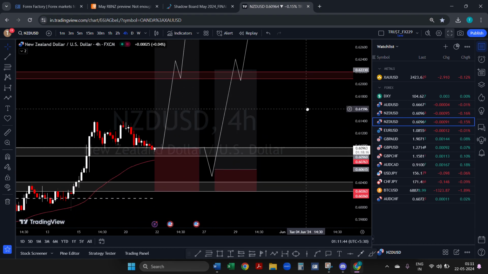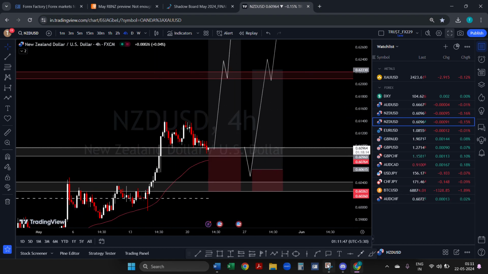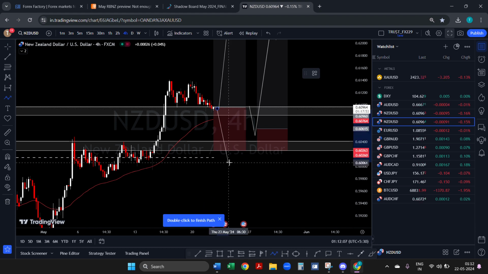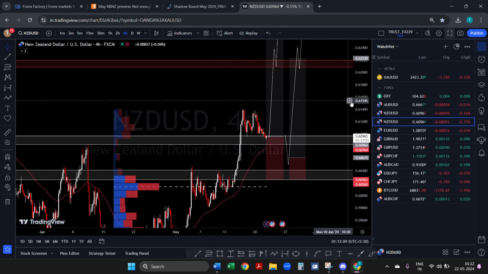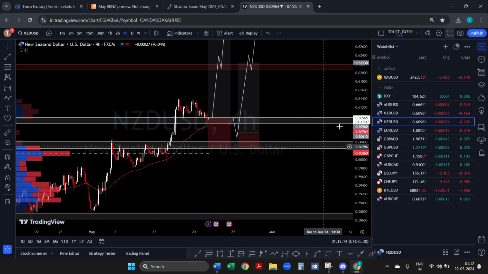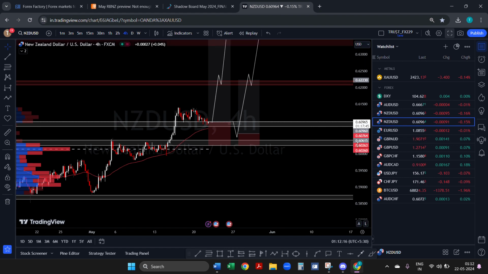And if the central bank shows some dovishness or some inflation concerns, price can hit our SL.